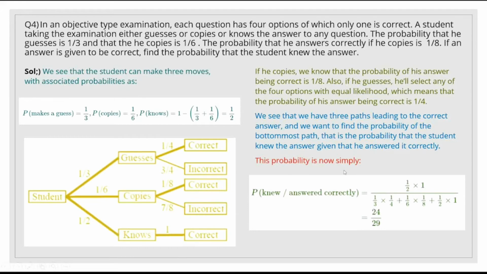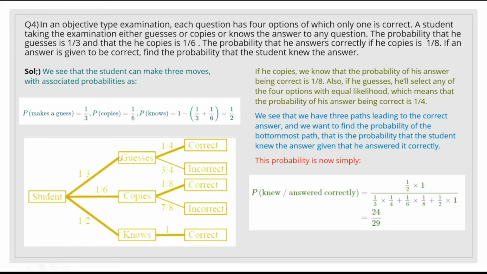Now this probability can be calculated simply by using the Bayes theorem, as probability of knew given answered correctly will be equal to 1/2, that is the probability of knowing the answer, into 1, the correct answer, divided by 1/3 guessing into 1/4 correct answer of the guess, plus 1/6 into 1/8, plus 1/2 into 1.